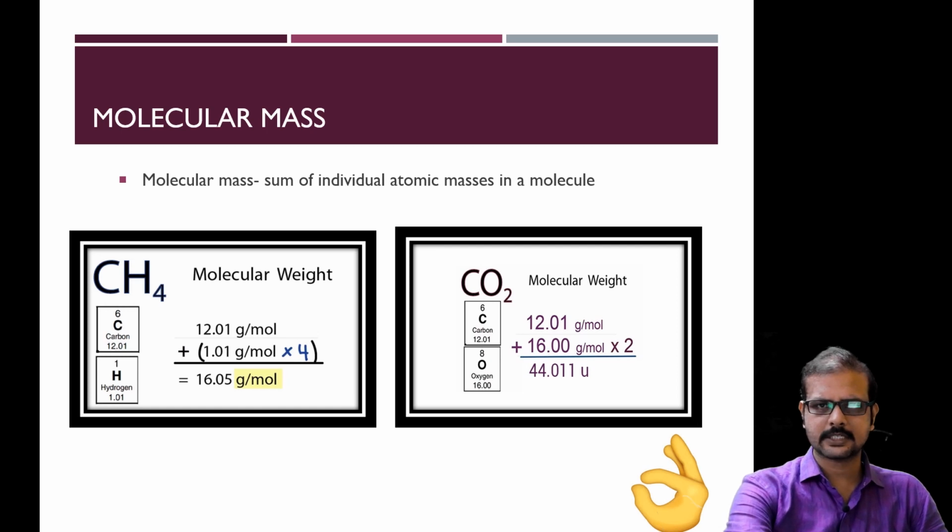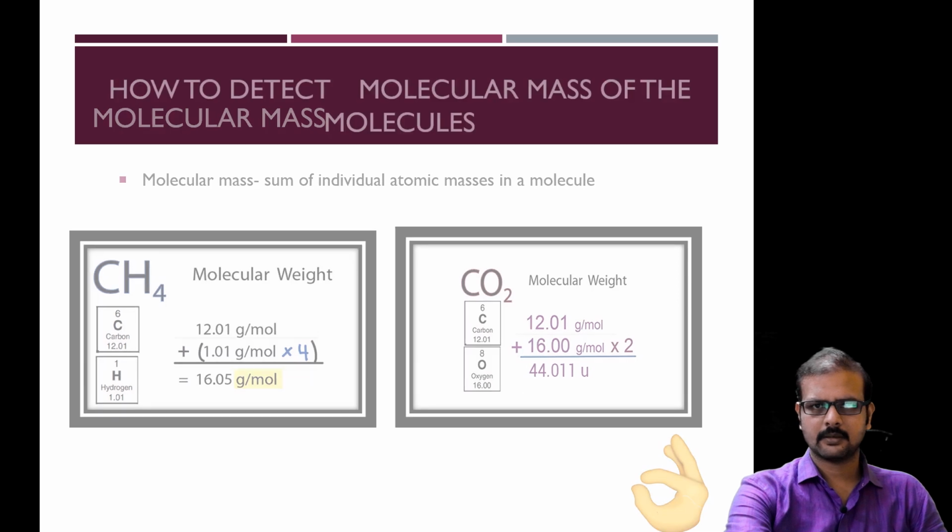We first have to know the molecular formula, then only can we calculate the molecular mass of the molecule. So first know the molecular formula, then calculate the molecular weight by using the atomic weights of individual atoms. This is the theoretical prediction of the molecular weight or molecular mass.